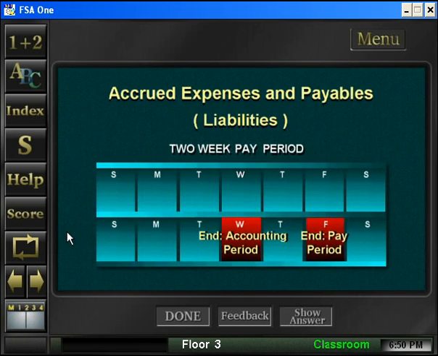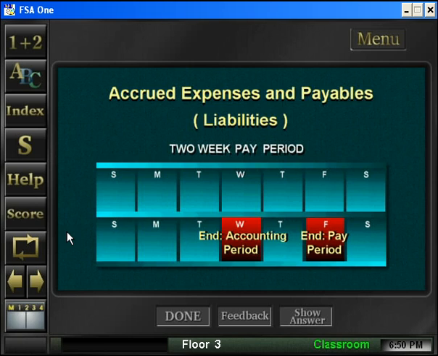The accounting period closes on a Wednesday. Payday for the previous and current week is the following Friday. While there will be no cash payment until Friday, which is the next accounting period, the firm has received services of its employees during the accounting period just ended.